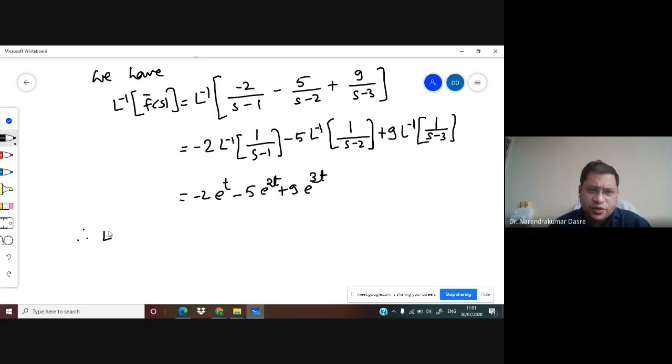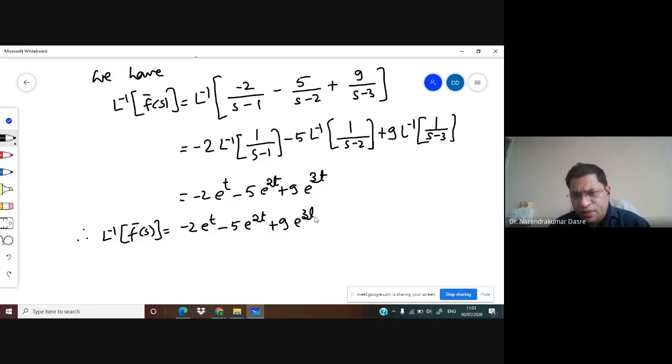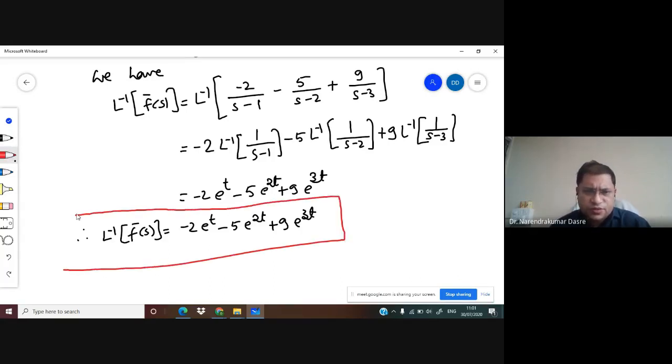So that way we are able to get the Laplace inverse of f bar of S is equal to minus 2 e raised to t minus 5 e raised to 2t plus 9 e raised to 3t. So this way we are able to get the inverse Laplace transform using the method of partial fractions.